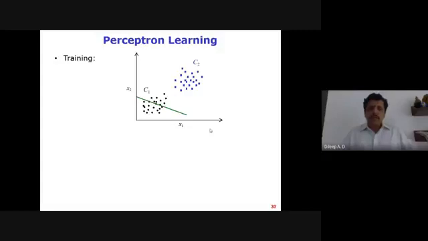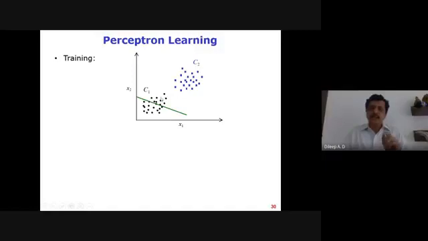Basically, we start with an initial value for my w vector. This is nothing but the parameters of my hyperplane. For that, I see how many training examples are on the correct side and how many are on the wrong side. I take the examples on the wrong side. In this case, these black points are on the wrong side because they are misclassified.